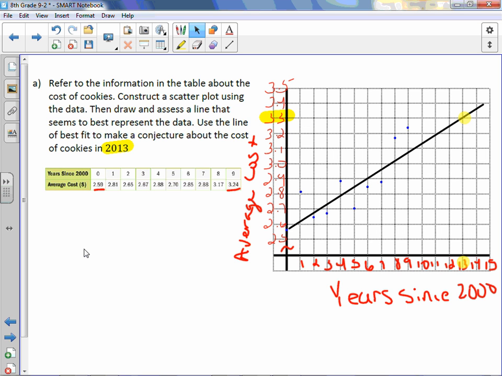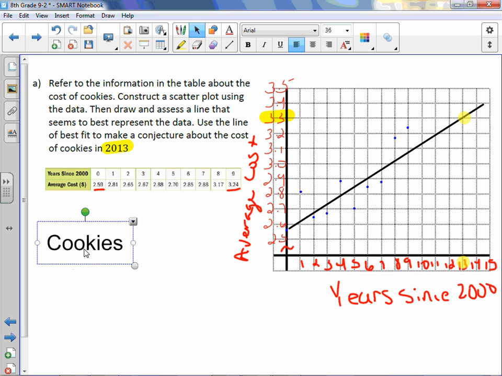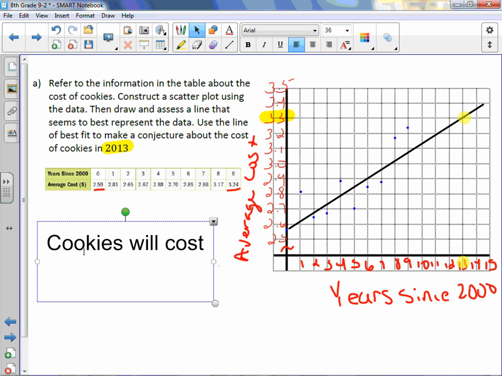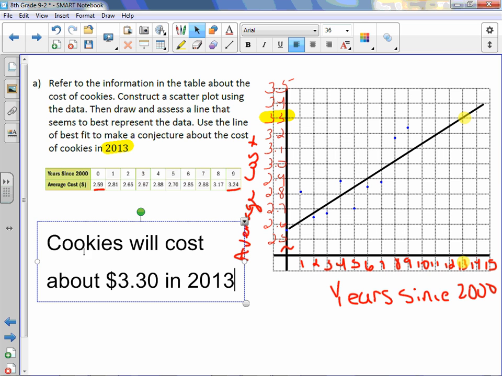So let's jot that down. Cookies will cost about $3.30 in 2013. That is our conjecture.